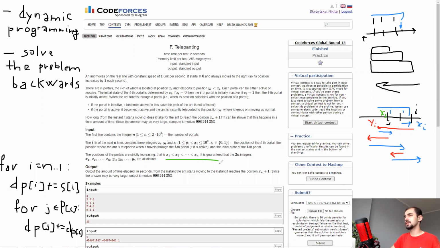You may also have noticed that the x_i's are sorted, so it makes perfect sense to binary search over them. We supply the position of y_i, and it gives us the first j such that x_j is greater than y_i. And then we update everyone from j to i, j inclusive, i not inclusive.